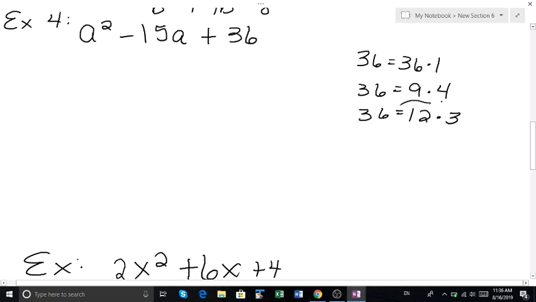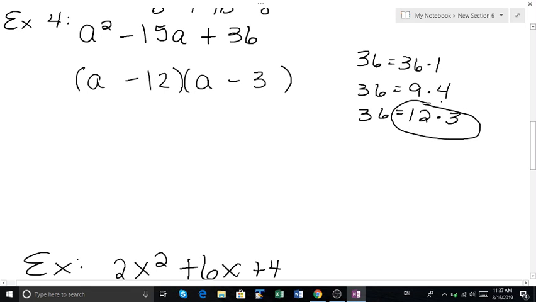So if we look at this one right here, we can see that negative 12 minus 3 is negative 15, and negative 12 times negative 3 is a positive 36. So those are the ones we want. So minus 12 minus 3. There we go.